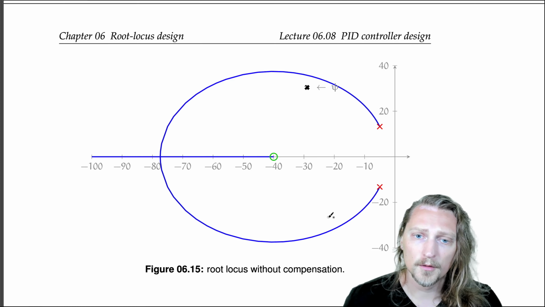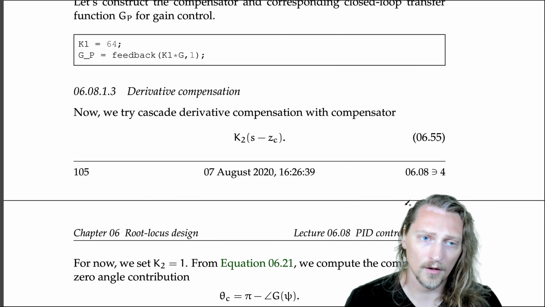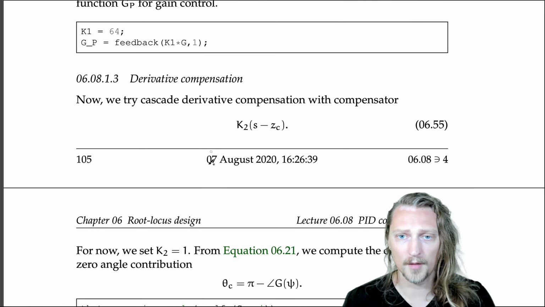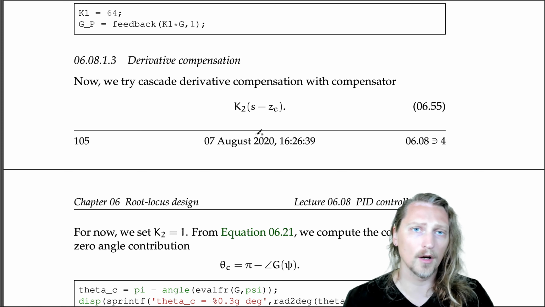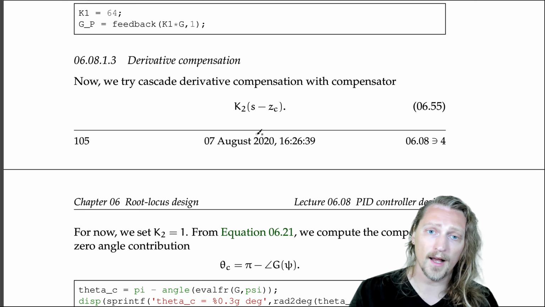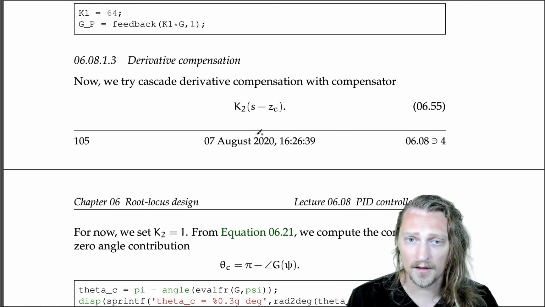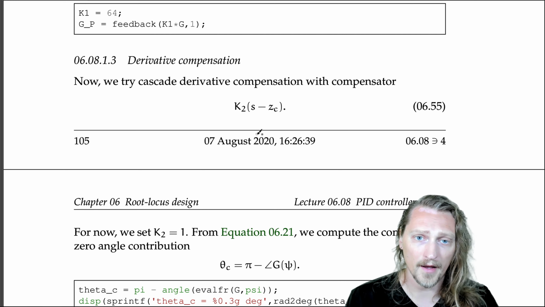Now we'll do some derivative compensation. So we try cascade derivative compensation with this compensator. This is always our derivative compensation compensator. We put a 0 at some location ZC, and that is the zero compensator.